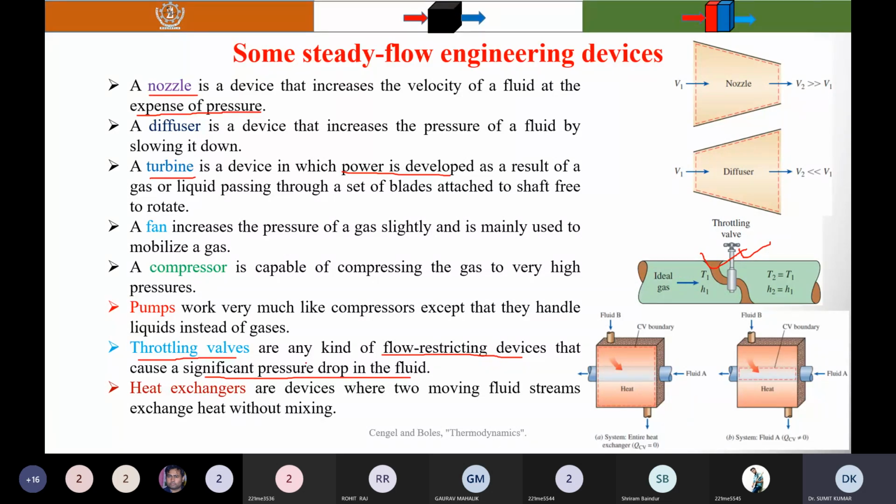That is why it is called a flow restricting device. If you remember fluid mechanics, suppose there is an expansion or contraction, there is a pressure drop. If you remember the minor and major losses, the head loss through pipes, if there is a bend, then there are restrictions, so there is a pressure drop.